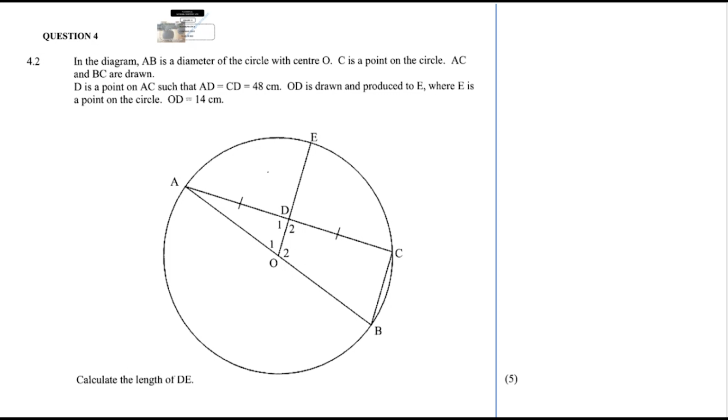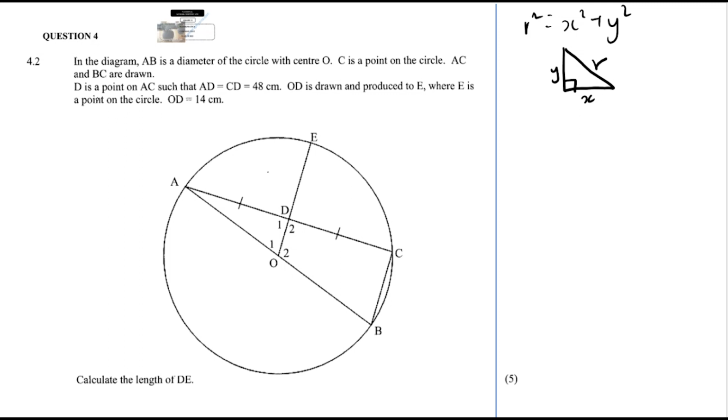Okay, guys, let us look at 4.2. We still have a diagram, and we still have to remember our theorem of Pythagoras, which is x squared plus y squared equals r squared. And we still have to remember our right angle triangle, which is x, y, and r.